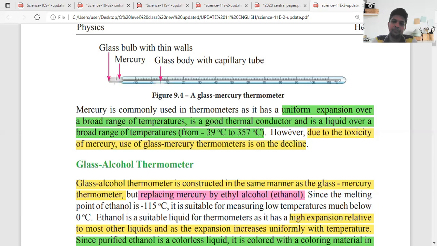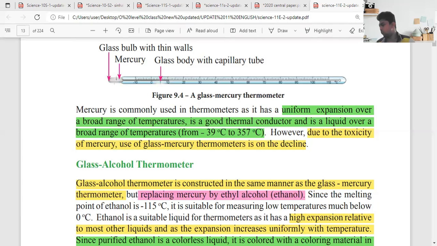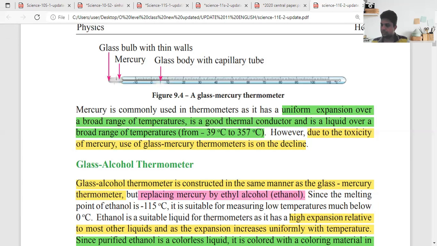Number 1. Number 2: good thermal conductor. That is the second reason, okay? Good thermal conductor.